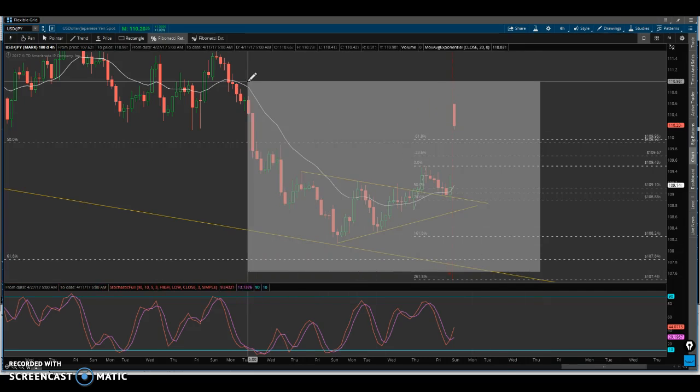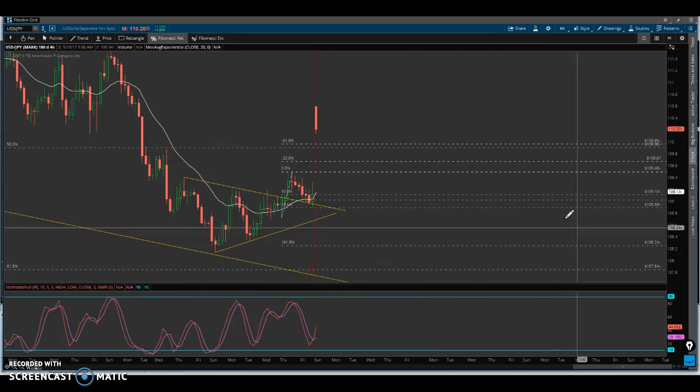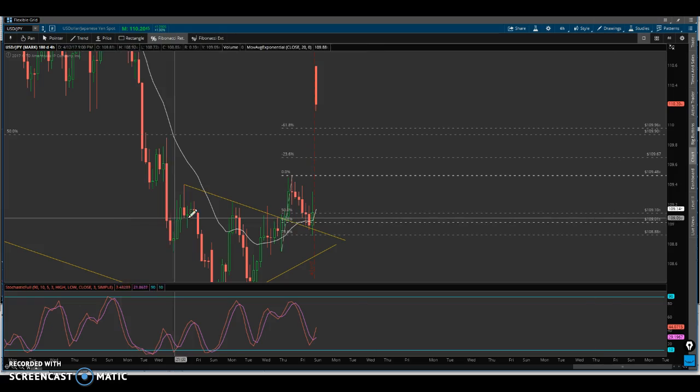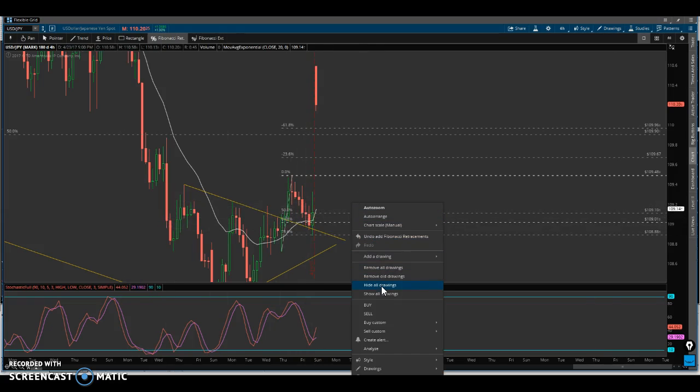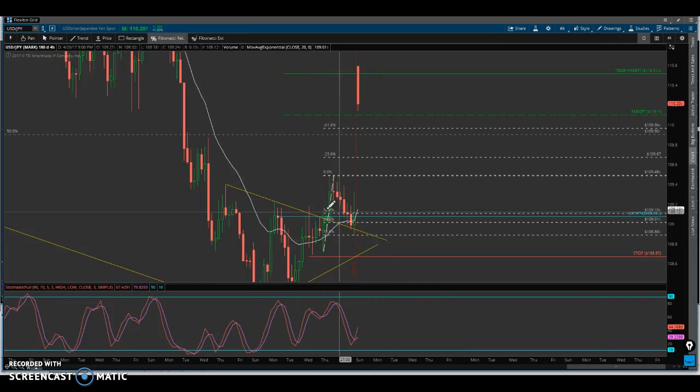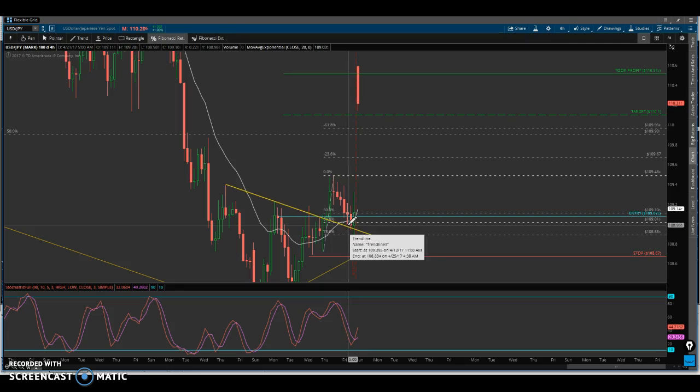So as it was retracing, I was looking for an entry opportunity, and I ended up getting long right here at 109.074. I entered at market. I believe it was after retesting.